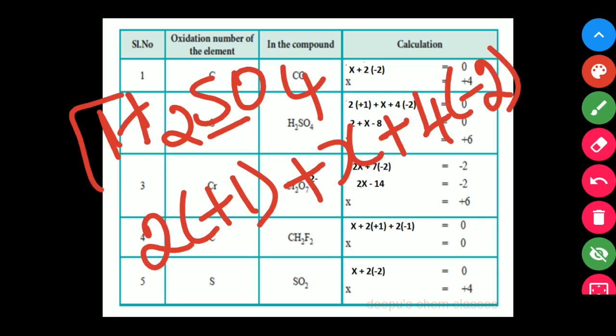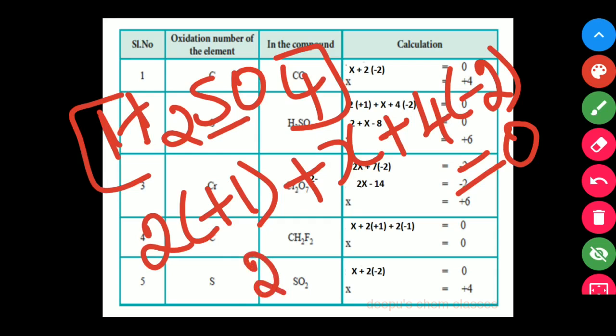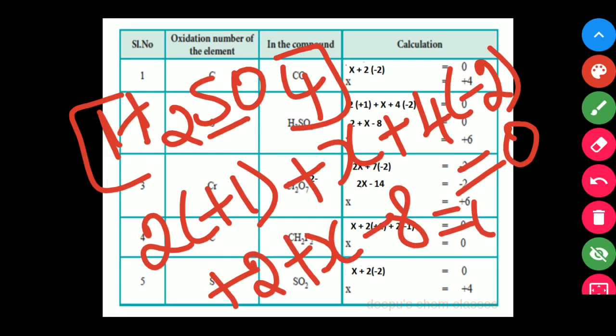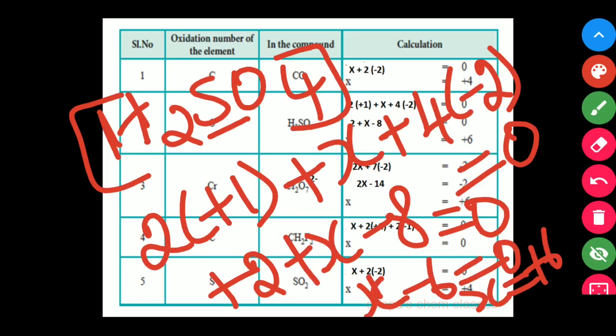There is no net charge, so it is equated to 0. So 2 plus X minus 8 equals 0. 2 minus 8 becomes -6, so X minus 6 equals 0, X equals +6. The oxidation state of sulfur is +6.